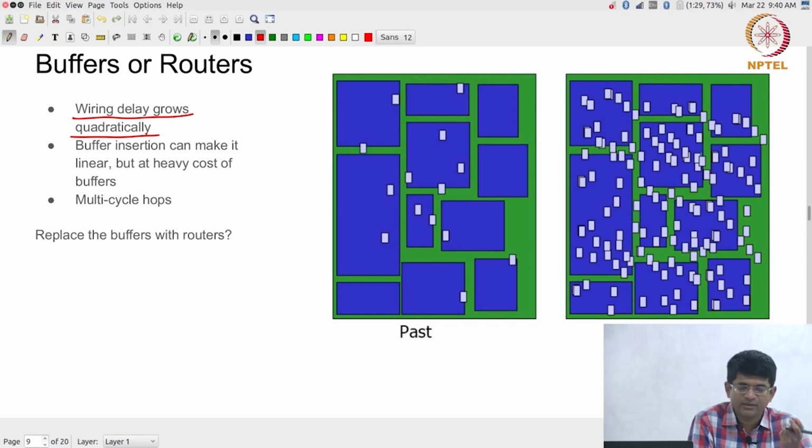So the observation essentially went, if I have to do buffers in any case, right, maybe I can just insert a cycle break, do pipelining, and say I am going to delay a signal by 1 clock cycle before it reaches its destination, right? And if I am doing that, why even bother with buffers? Why not just think of them as routers, right? You just send the data to the nearest router, and I then only need to optimize links from one router to another. I don't need to worry about directly taking a wire from one place to another. Okay?